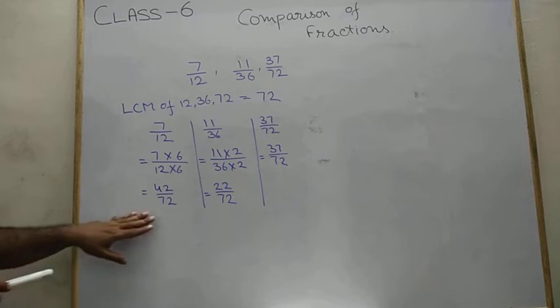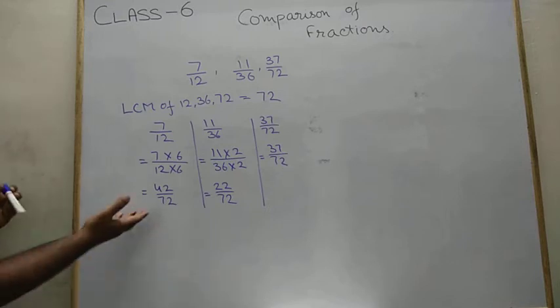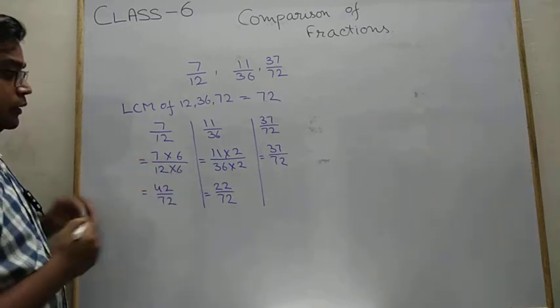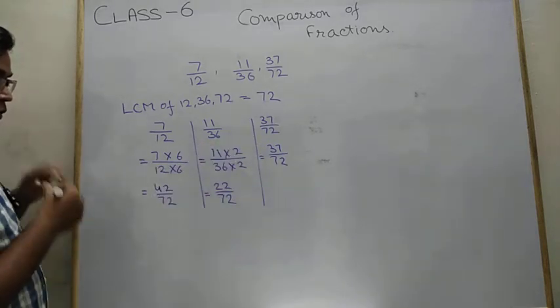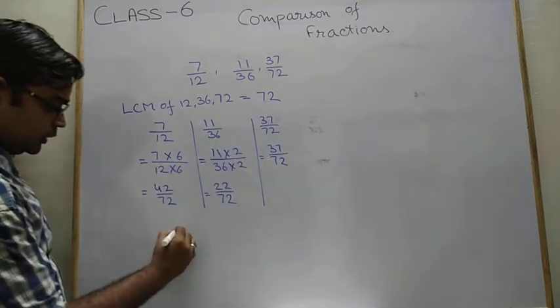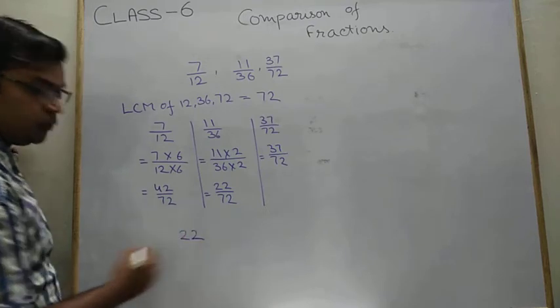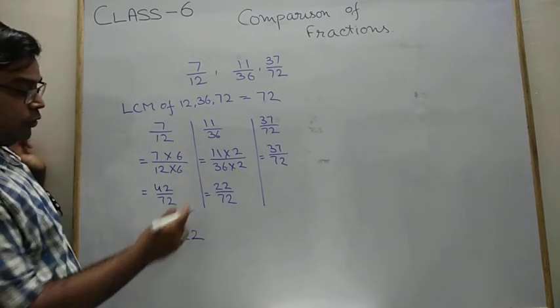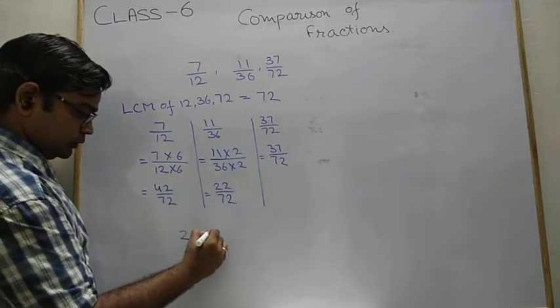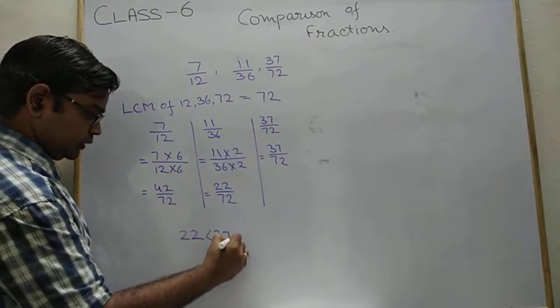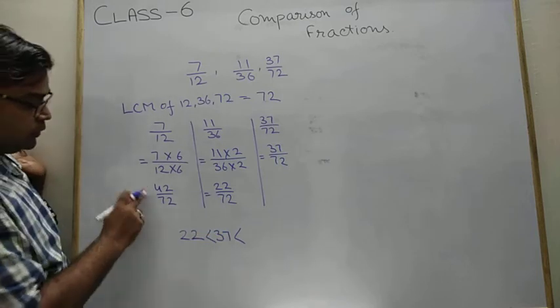Now we are going to compare all the numerators. Here we know that 22 is the smallest one, so we write 22 first. Then 22 is smaller than what? It's 37. And 37 is smaller than what? It's 42.